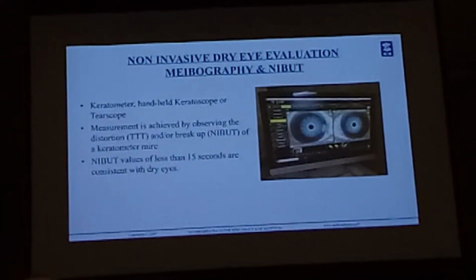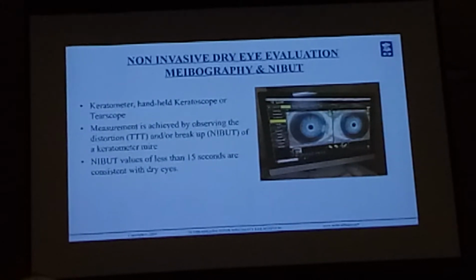These are some of the non-invasive dry eye evaluations. You can do meibography and non-invasive BUT. In our hospital, we use the SBM. This is a device from an Italian company, which is a nice device which you can use for non-invasive BUT. So if you want to do the biometry on the same day, then you can do a non-invasive BUT.